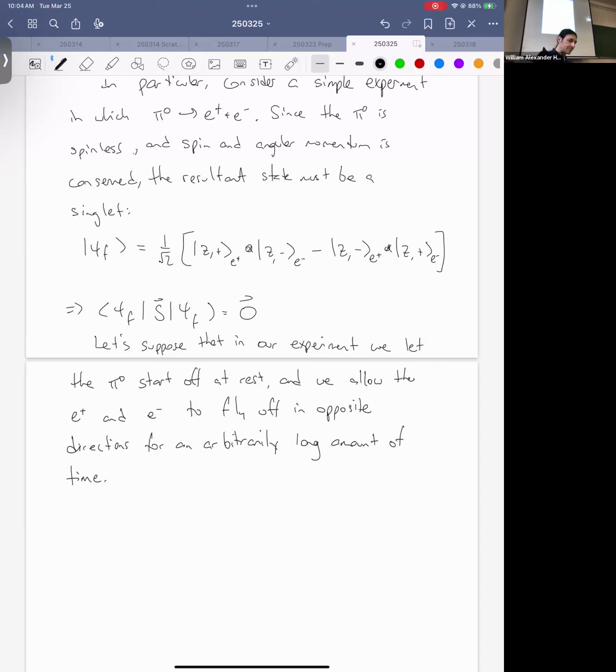Okay, good. So suppose we measure the spin of E plus.